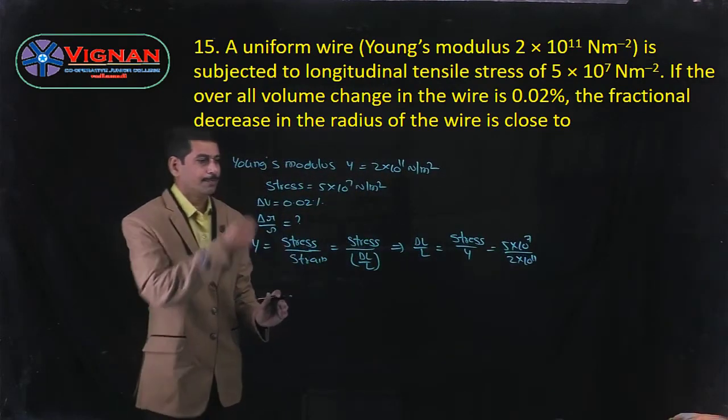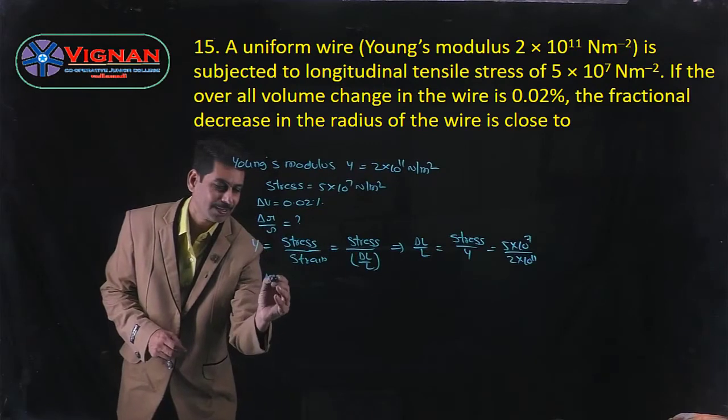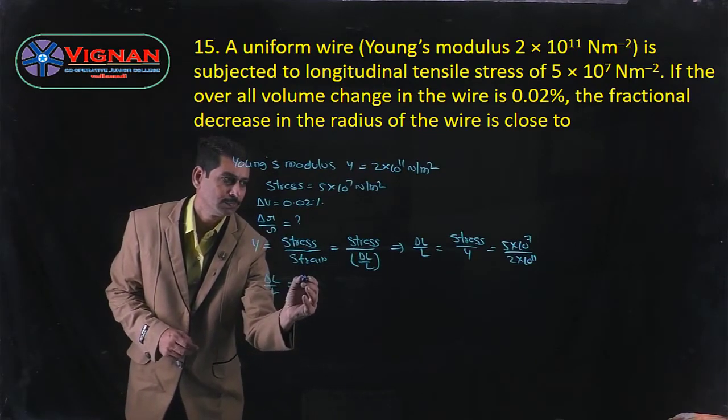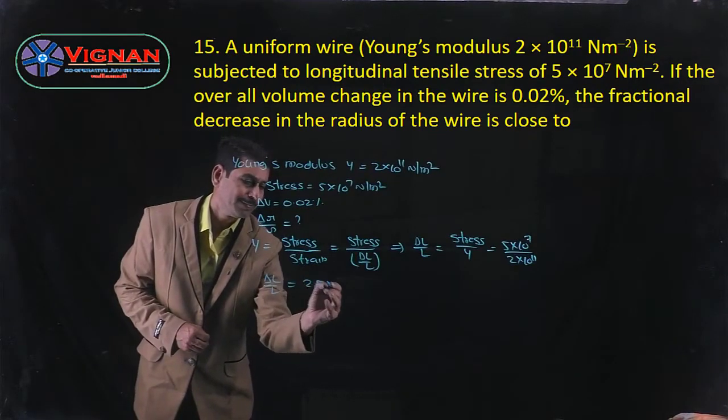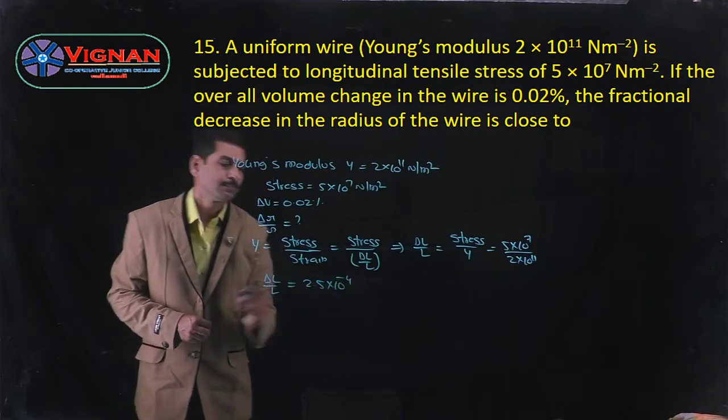So on simplifying we get delta L by L is equal to 2.5 into 10 power minus 4.